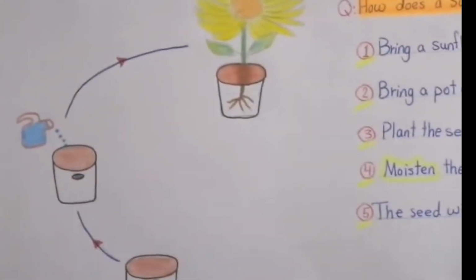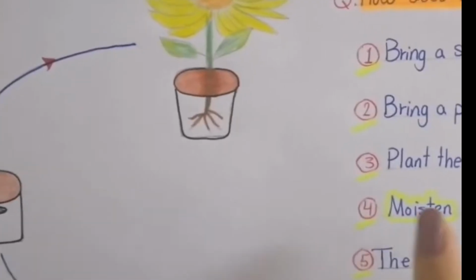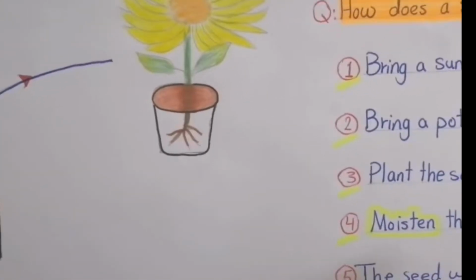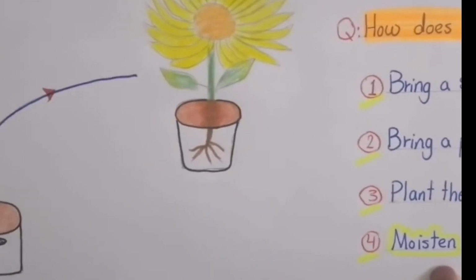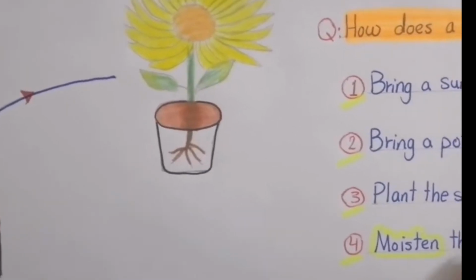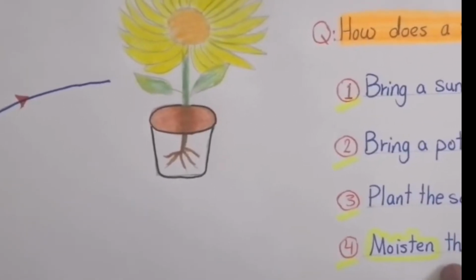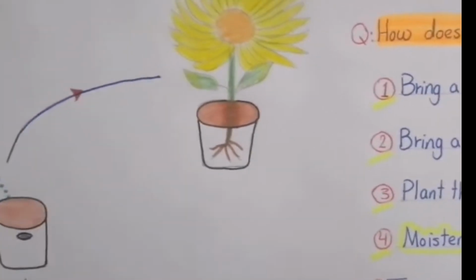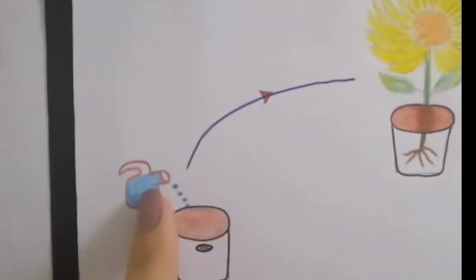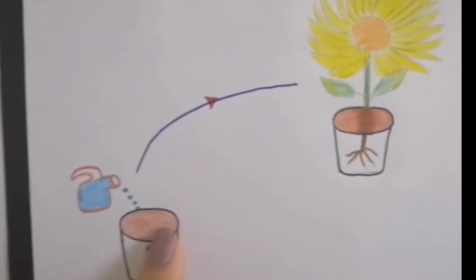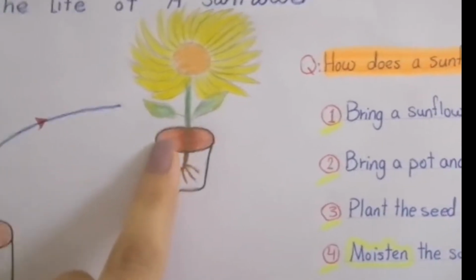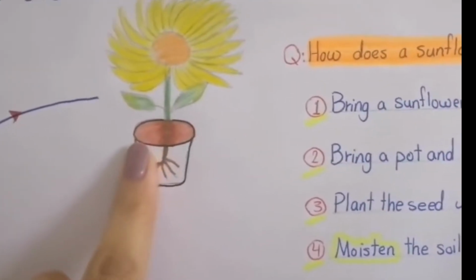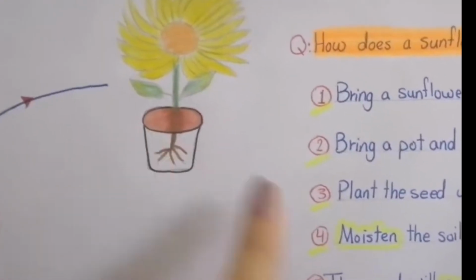Then after that, we will moisten the soil with water. What's the meaning of moisten? Moisten means make the soil wet with water. So here we put the water to make the soil wet. Finally, the seed will sprout in a week. What's the meaning of sprout?